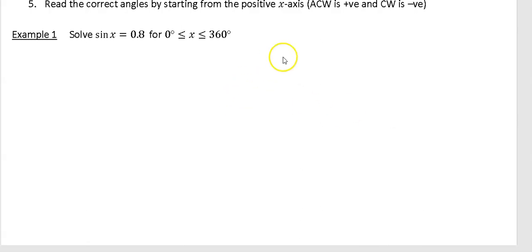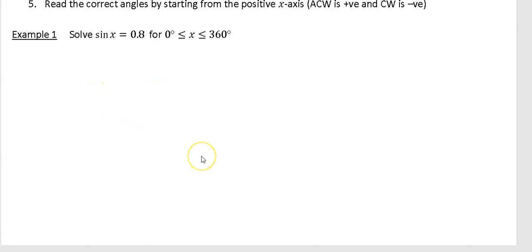Okay, if you didn't put this upper limit of 360 degrees on, so it was just to infinity, there would be an infinite number of values of x that would give sine x equal to 0.8. But within our range, from 0 to 360, or one full revolution, there's generally going to be two solutions.